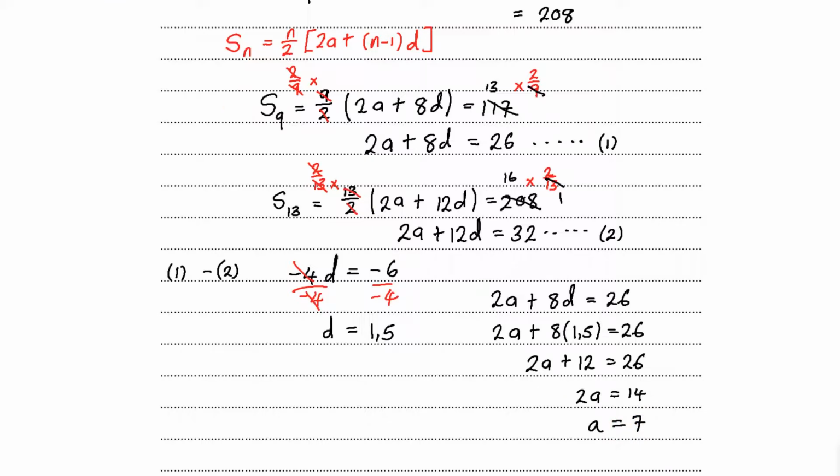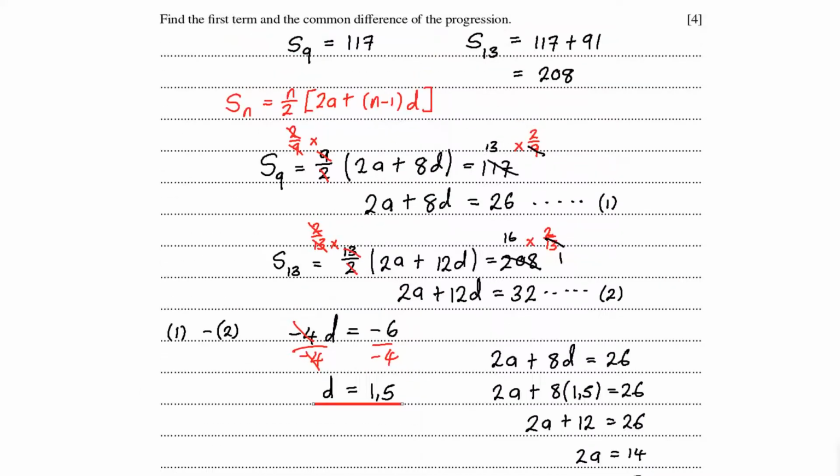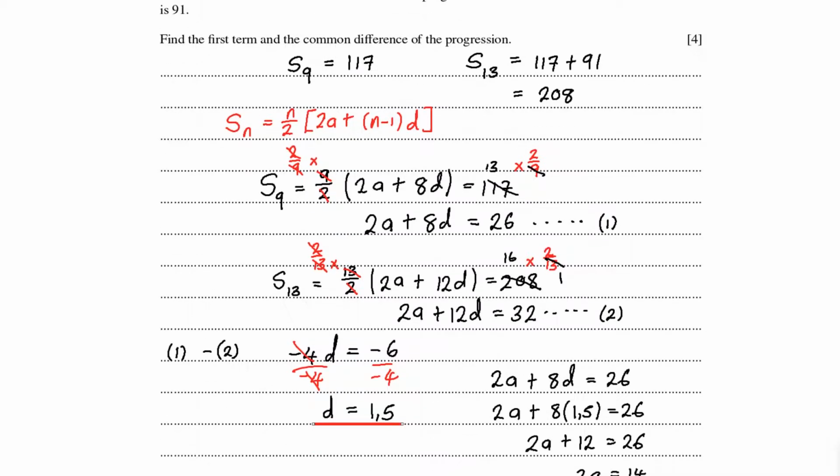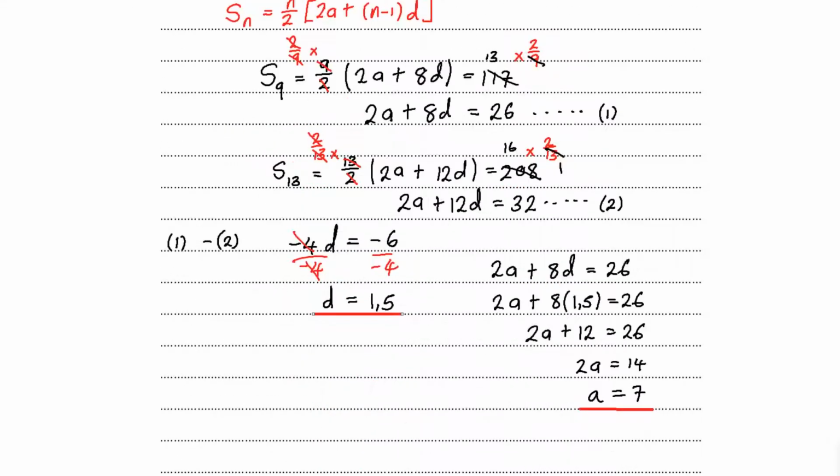So we now have the two solutions. a is 7, that's the first term, and d is 1.5, that's the common difference. That's what the question wanted us to find. And that's how we were supposed to do it.